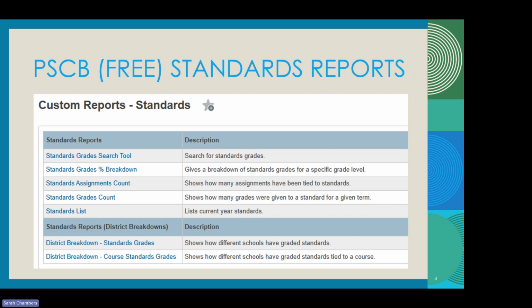And then there are 2 district reports. Remember, PSCB are reports, they're not ours. We didn't write them. We can't do anything with them. But most of the PSCB reports, as you print them, have some kind of searching and filtering capabilities. So if you haven't looked at those reports, you might want to check them out.